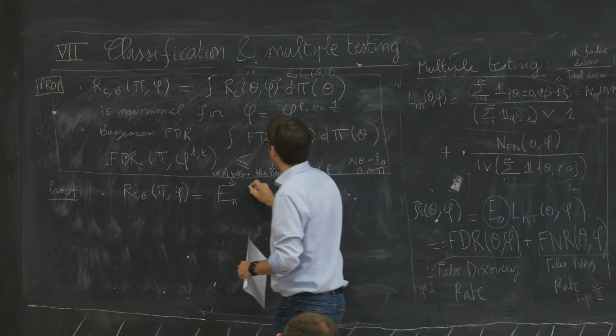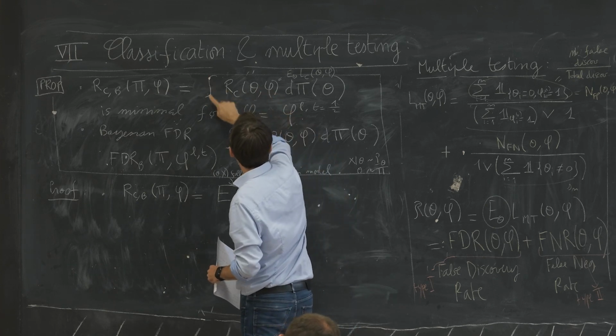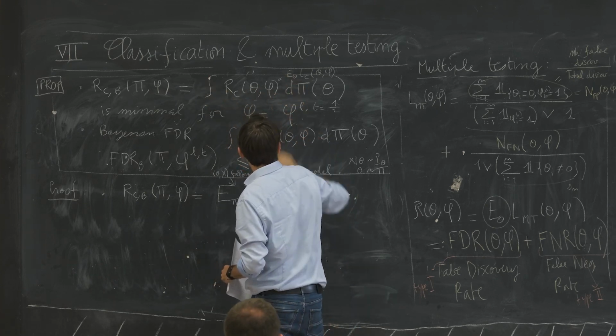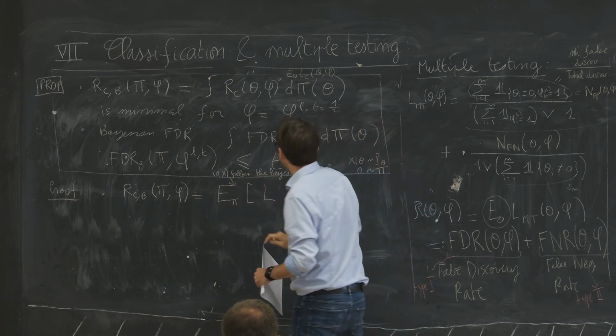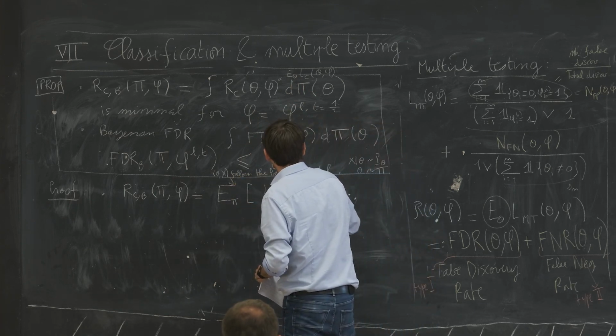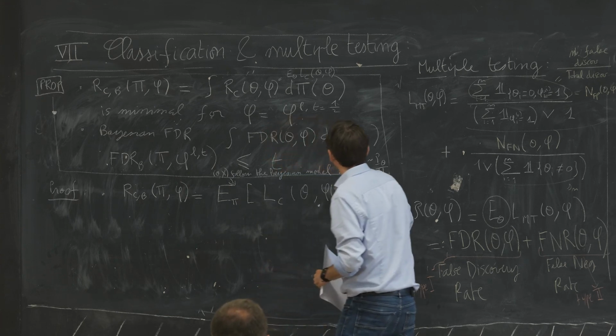So I have a double expectation, the expectation under the prior of the expectation under theta. But since this is the expectation in my whole Bayesian model, I can just write it like this: expectation of L_C of theta and phi, and phi depends on x.